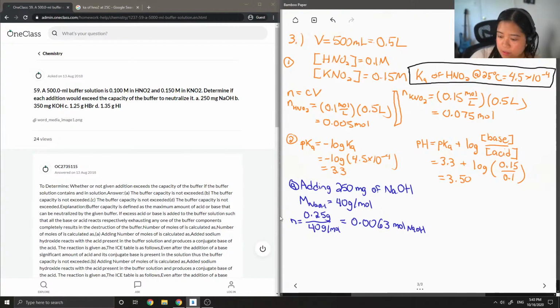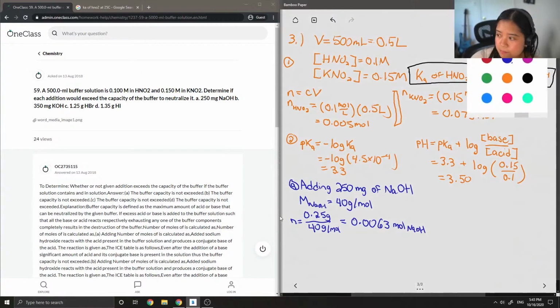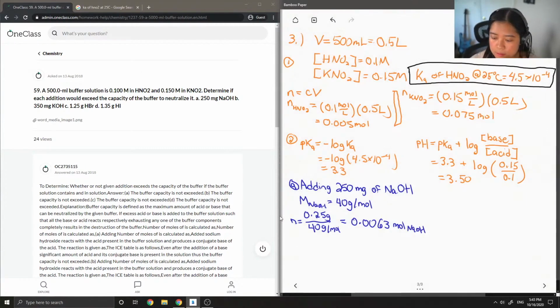So sodium hydroxide is a base. So when you add a base, we're adding to the moles of the base, and we're going to be subtracting from the moles of the acid. So it'll make sense right now.